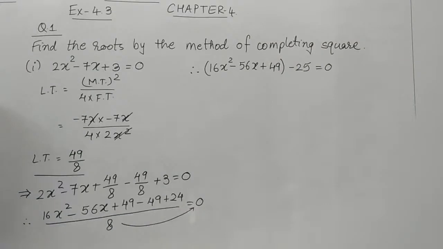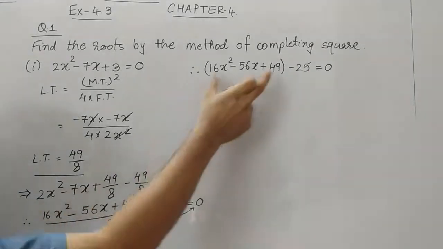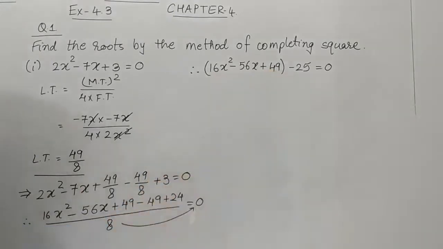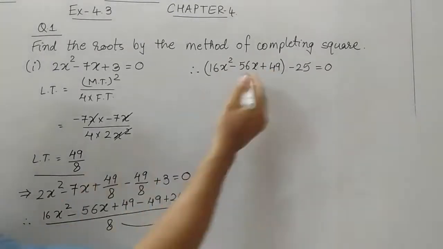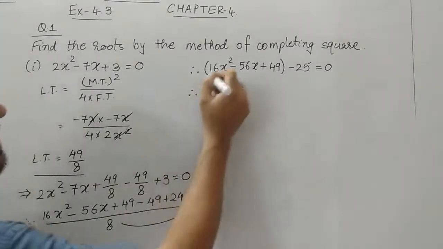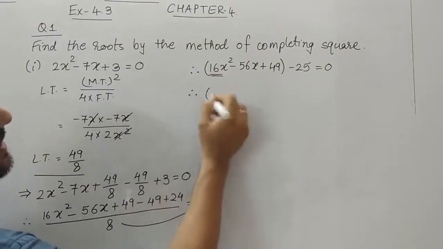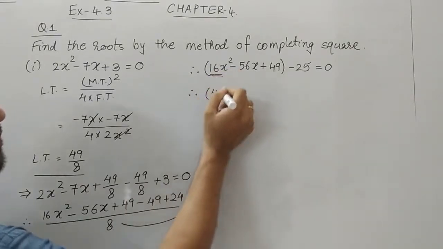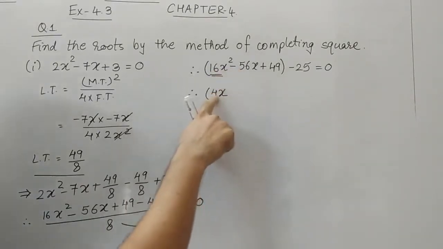So remember students what happened here. As I have taken the LCM, the first 3 terms which we obtained must be a perfect square trinomial, and it will be. Now, what is this a perfect square trinomial of? How do we identify? Whatever the first term, we write its square root. So 4x. I have written the square root of this.